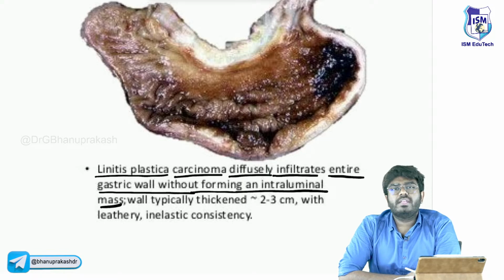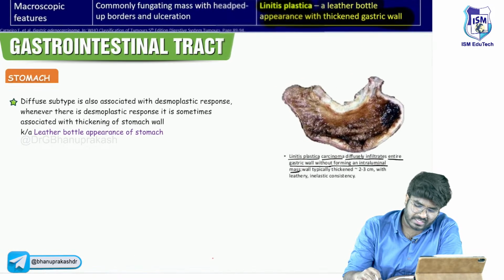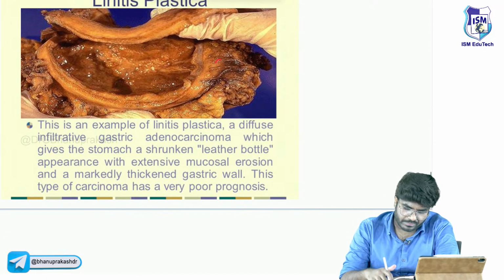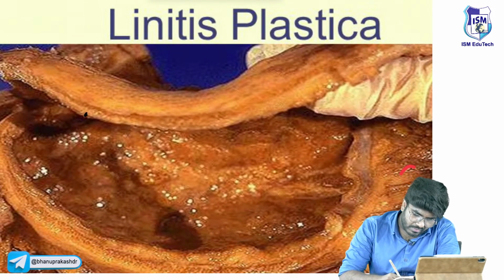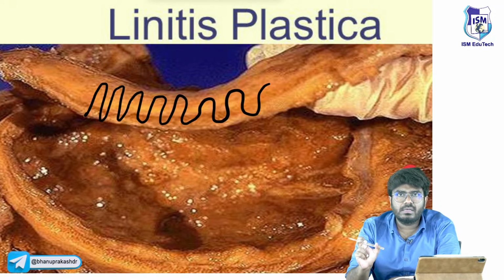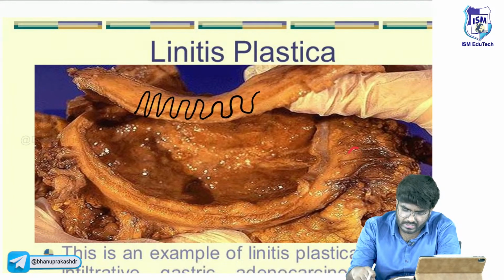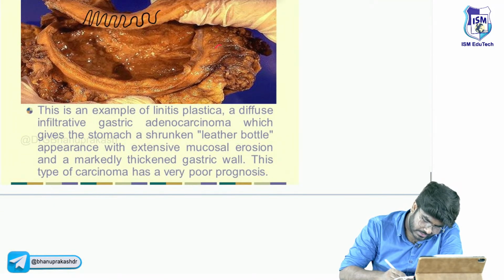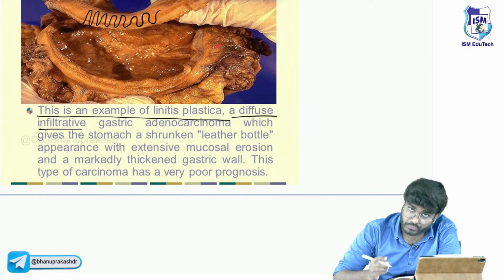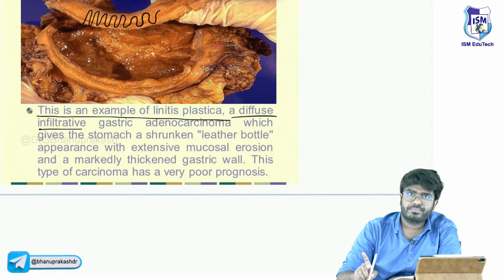So now tell me, the Linitis plastica, leather bottle appearance of the gastric mucosa, is seen in which type? The diffuse type of gastric adenocarcinoma. Here also see how the stomach wall is. Now the stomach wall is looking like thick leather. So this is looking like a leather bottle. You can clearly see here an example of Linitis plastica, a diffuse infiltrative type 4 according to Borrmann's classification.